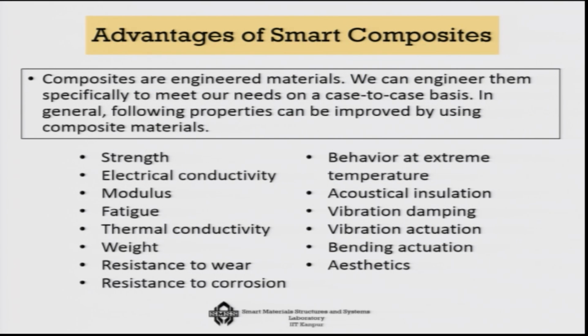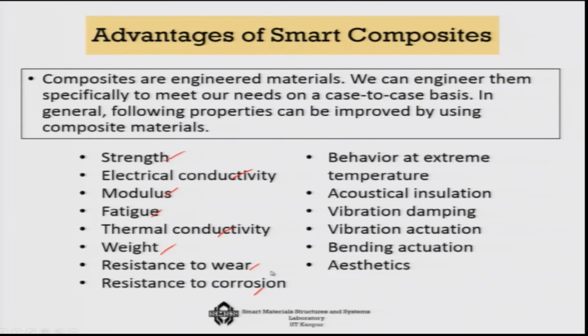What are the advantages of these systems? Already I told you, but let us put these points in our mind: strength is one of the advantages, electrical conductivity, modulus, fatigue, thermal conductivity, weight, resistance to wear, resistance to corrosion.